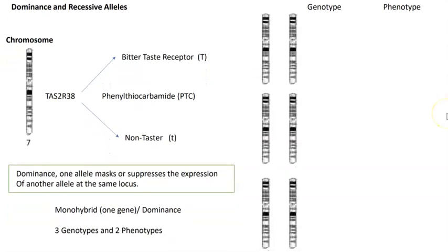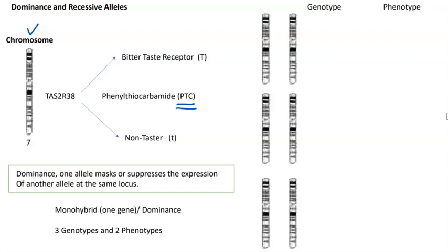Okay, so we have a chromosome, and the example of the allele that I want to talk about is for the gene for a taste receptor. This taste receptor, which is on our tongue, allows you to taste a chemical called phenylthiocarbamide, or abbreviated more conveniently to PTC.